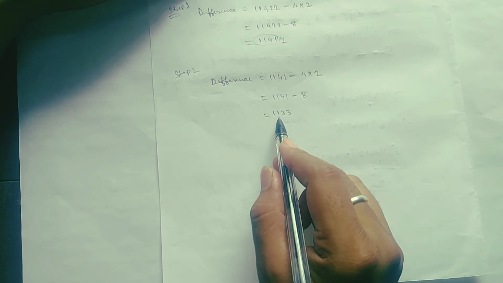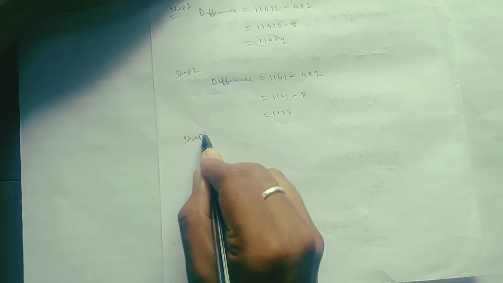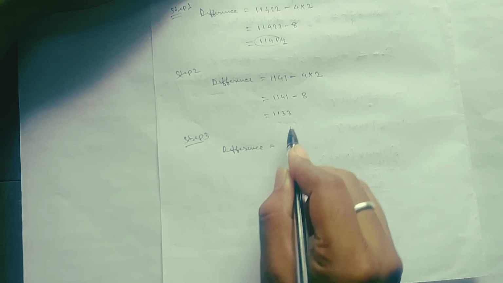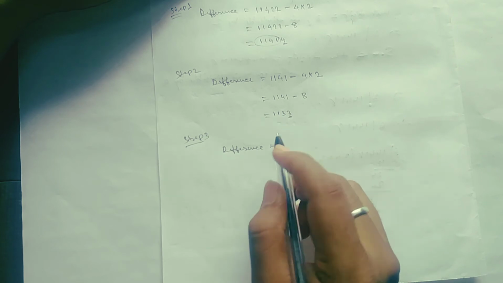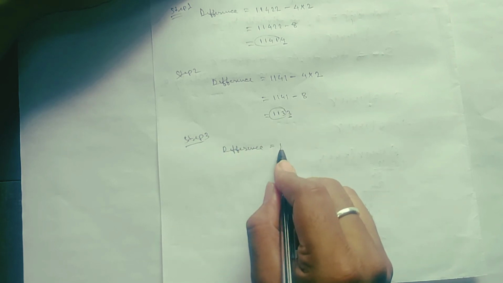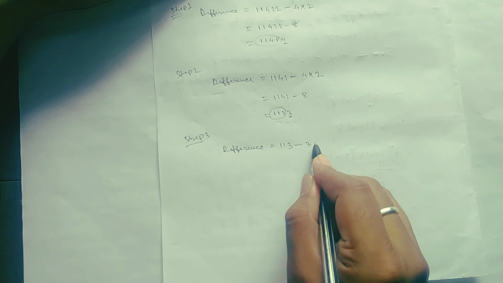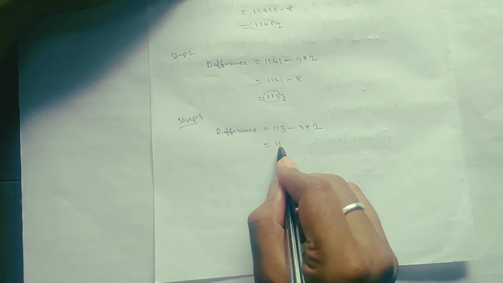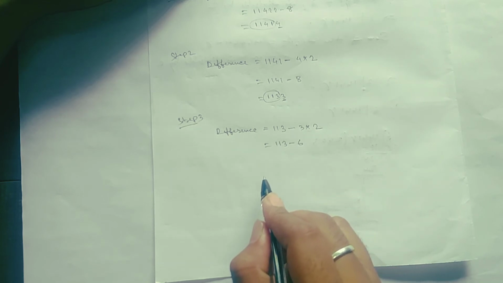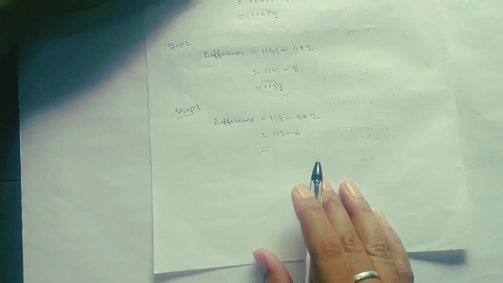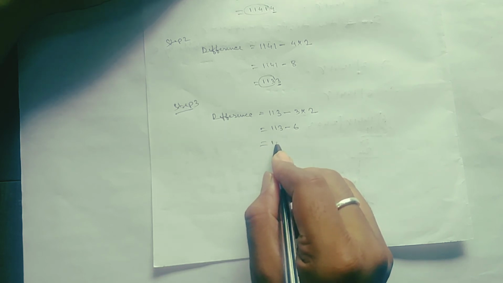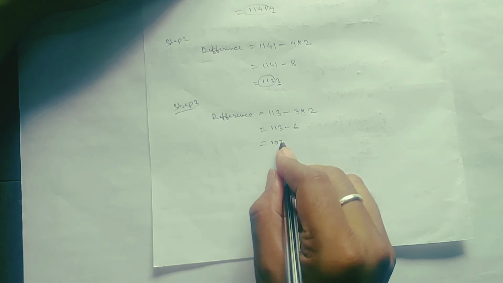This is a 4-digit number. Go for step 3, difference. Leave the last digit, take the remaining part, that is 113, and subtract twice the last digit. So you are getting 113 minus 6. So the result is 107.